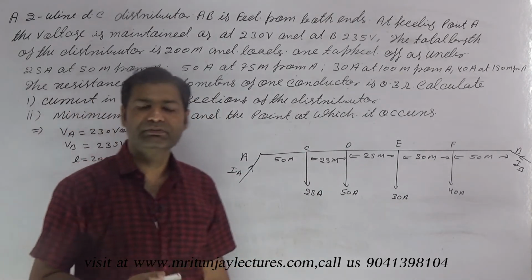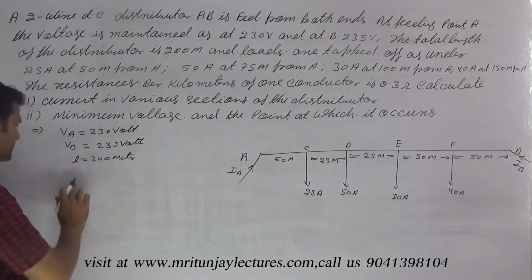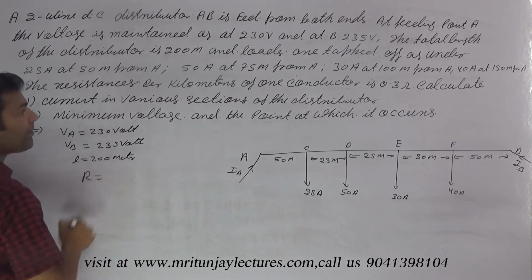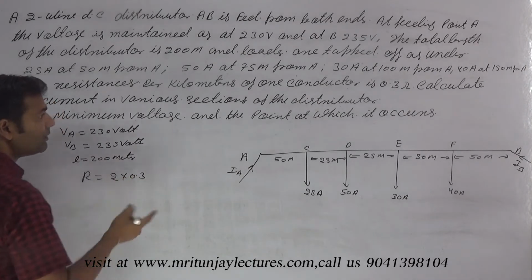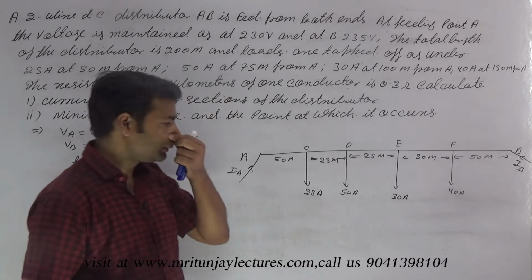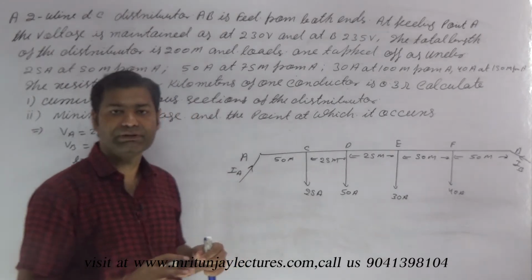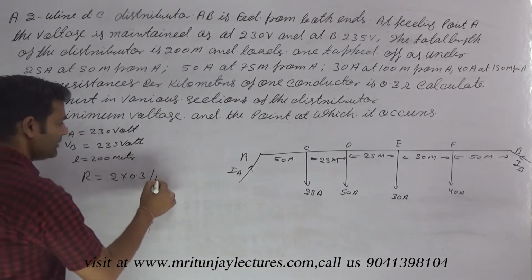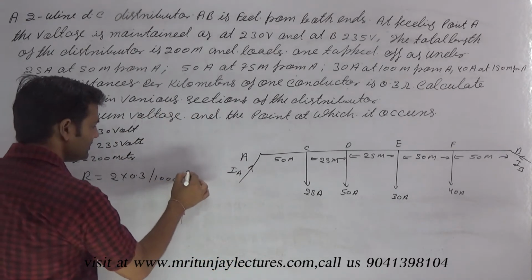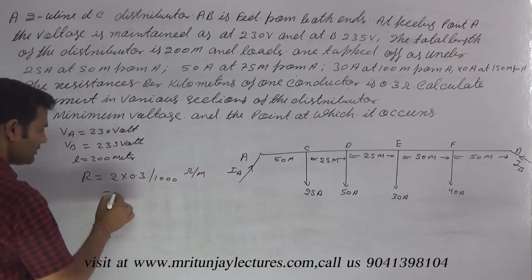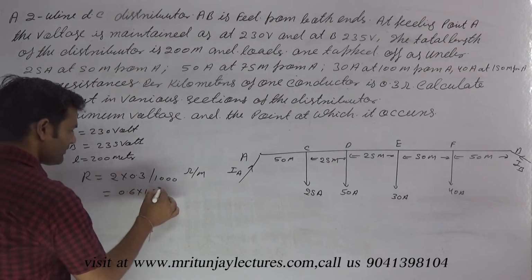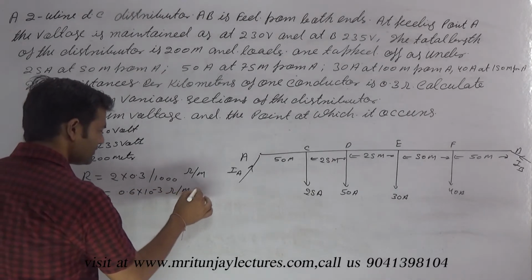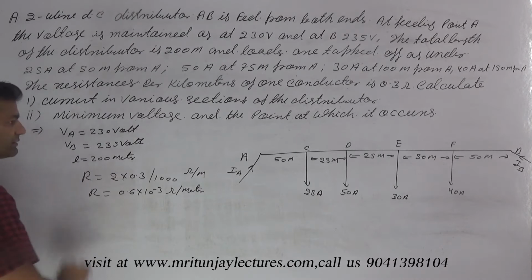This is a 2-wire system, which is why the resistance per unit length is 2 into 0.3 per kilometer, that is, divided by 1000 meter, which gives ohm per meter. First of all, convert this: 0.6 into 10 to the power minus 3 ohm per meter. That is the resistance.